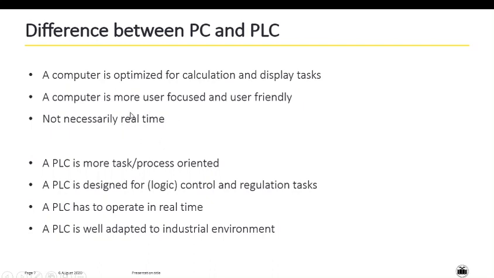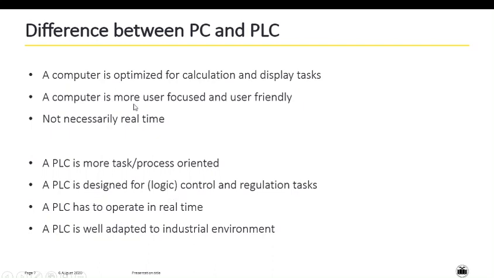Okay, on the other side, the PLC is process oriented or task oriented. Whatever task we have assigned, it will perform it independently. The PLC is designed for the logic control and regulation of the task. It has to operate in real time.